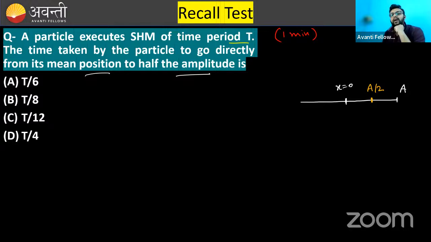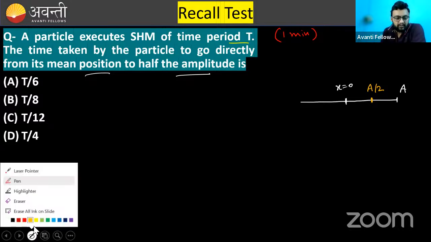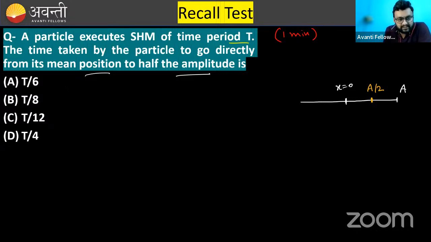There is no problem. Now remember one thing. I will give you some standard results, but before that, remember that the general equation of SHM is x equals A sin(ωt + φ), where φ is the initial phase, or someone may call it the phase constant. It depends on the initial point from where the particle starts motion, or in other words, the position at which you start watching the motion.